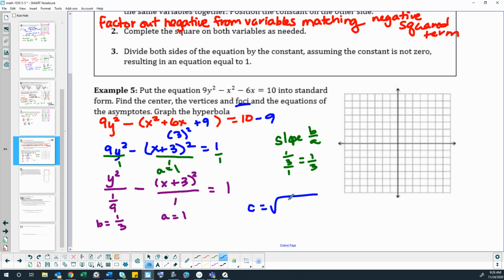Let's go ahead and do that though. So c will be a squared plus b squared, so 1 plus 1/9, just the numbers on the bottom. Add, because it's the opposite of that sign. So get a common denominator, 9/9. That gives us 10/9, so that's going to be a little bit more than 1. That can simplify to square root of 10 over 3 if we want, which we're going to use when we actually write out what the coordinates of the foci are.